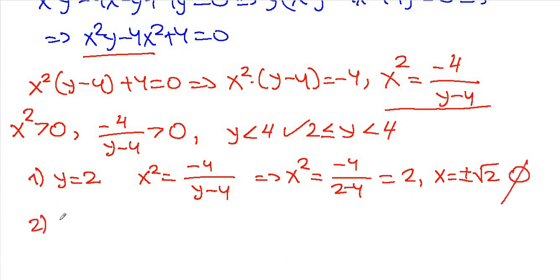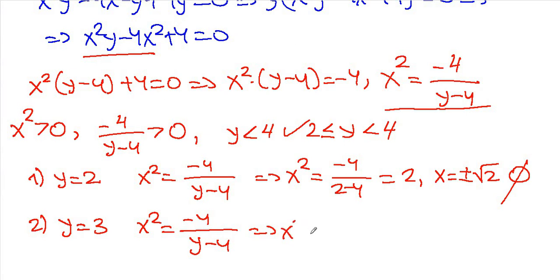And the second one is y is equal to 3. And therefore, x squared is equal to minus 4 divided by y minus 4. And plugging into y the 3, I will get x squared is equal to minus 4 divided by 3 minus 4, which is equal to simply minus 4 divided by minus 1, which is equal to 4.